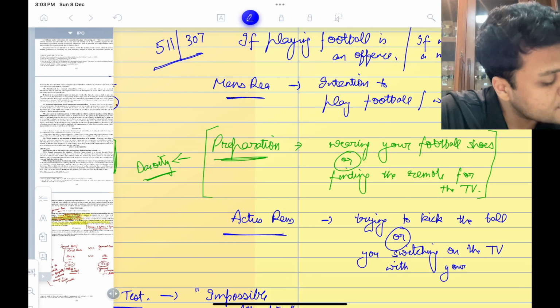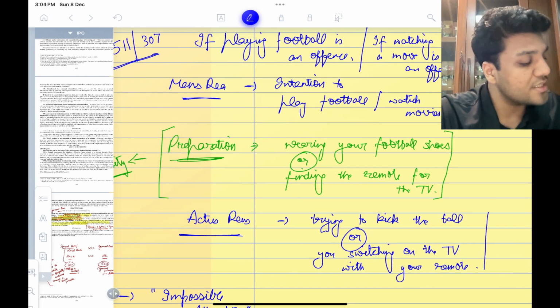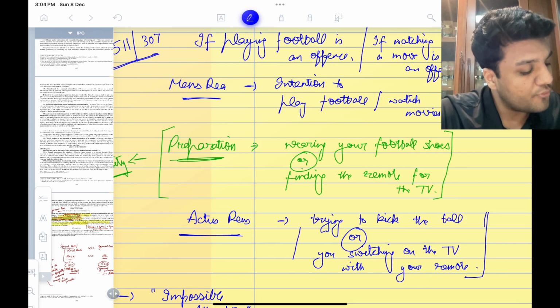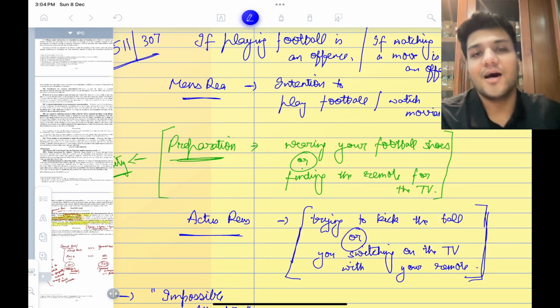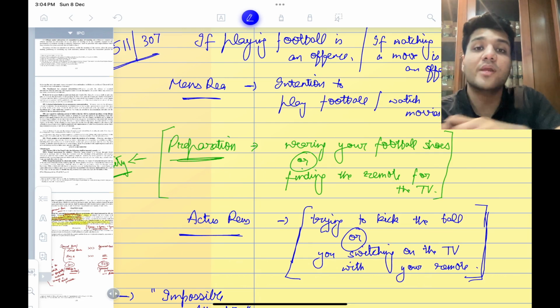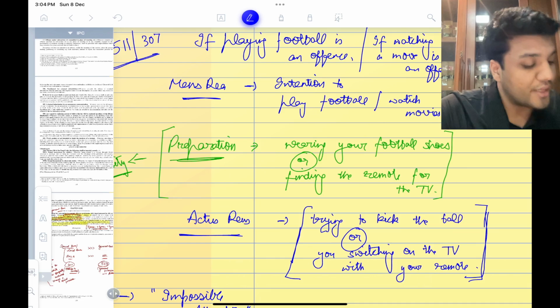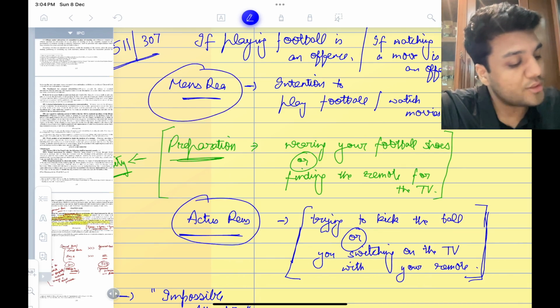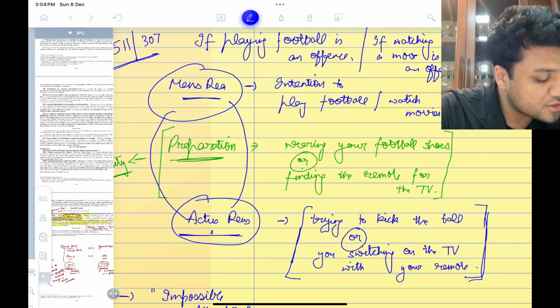Because both of these actions are a direct movement towards the commission of the offence, in this case where playing football and watching movies has been made an offence, right? I hope such a day never comes, but let us say hypothetically playing football and watching movies have been made an offence. Therefore, in those scenarios, trying to kick the football or switching on the TV to watch the movie will both constitute attempts. And since both mens rea and actus reus combine in these instances, that particular person will be held liable for attempt.